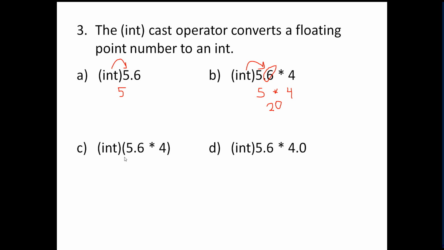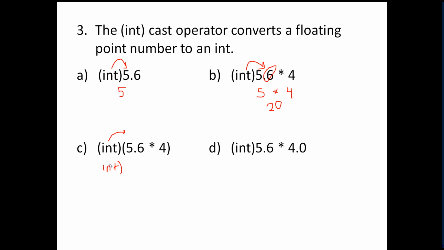So let's take a look at C. Actually, the best thing would be for you to pause the video and try to do C and D by yourself, and then come back and check. If we take the int, what are we going to apply the int to? Is it 5.6 or the product of 5.6 times 4? Because of the parentheses, we do what's inside first.